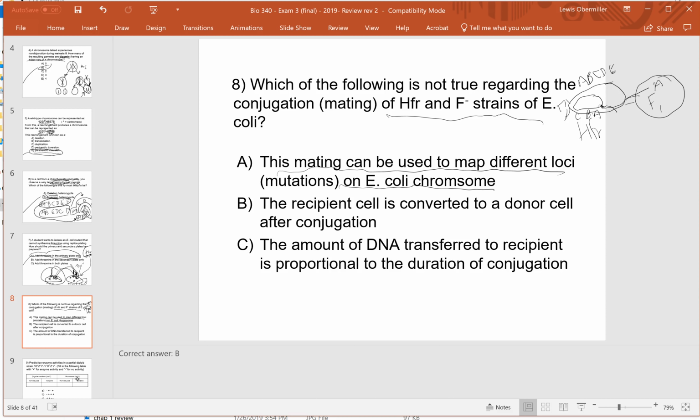And then the next one to get transferred over would be B, and then C, and then D. And so if you interrupted the transfer at each one of these spots, you could tell what the order of the genes are in the HFR and assume that's the same as in the F minus strain. So you can map genes on the chromosome by this transfer method.